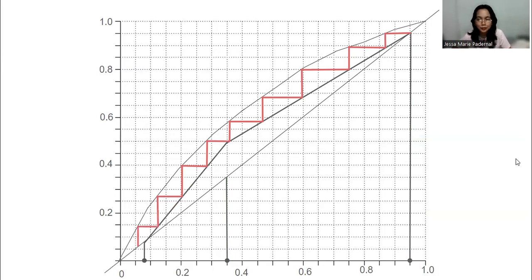Each point where the staircase intersects the equilibrium curve denotes one stage in the column. So we have 1, 2, 3, 4, 5, 6, 7, 8, and 9. Therefore, our actual number of stages is equal to 9.